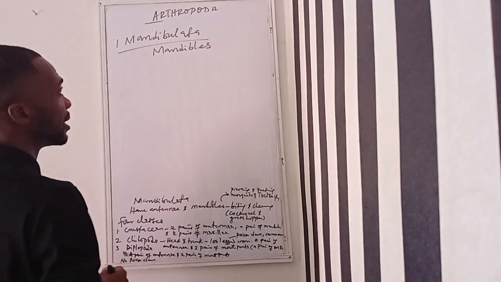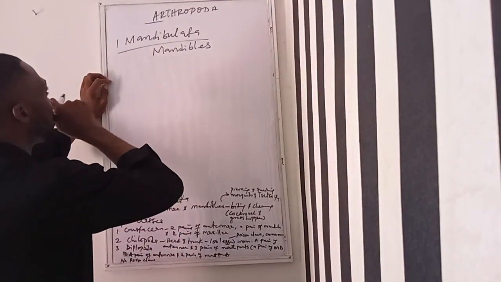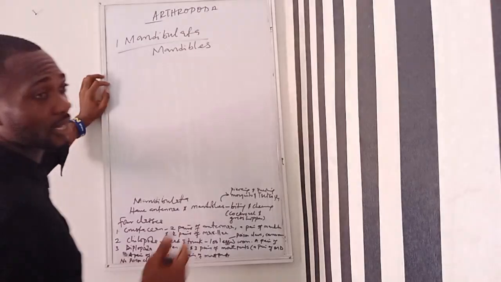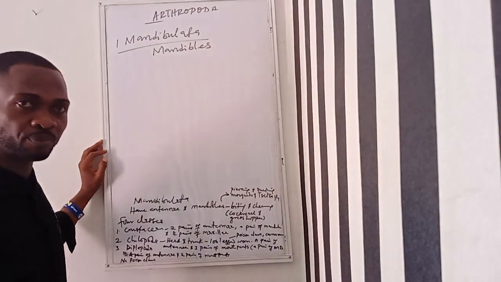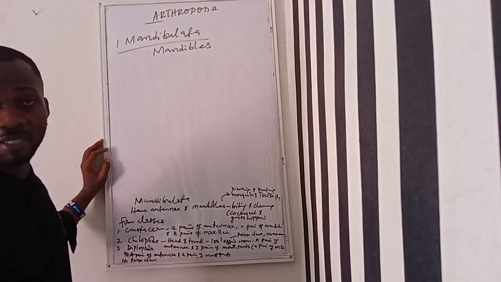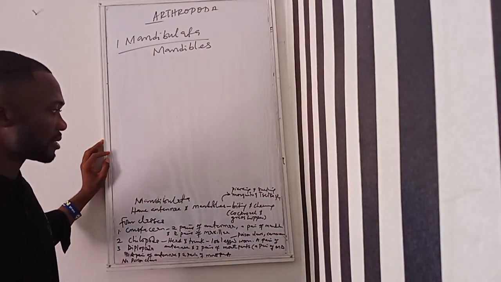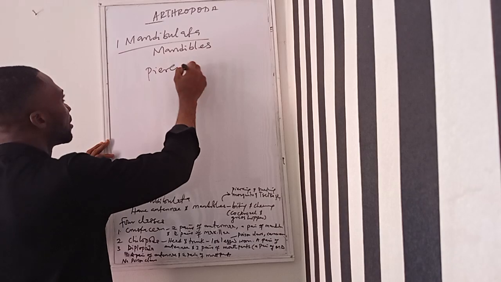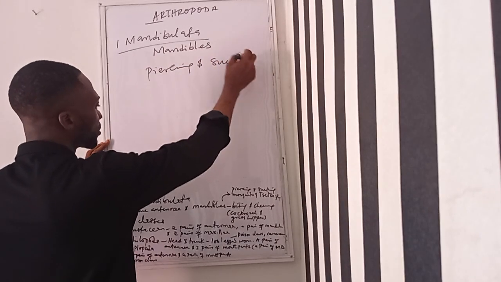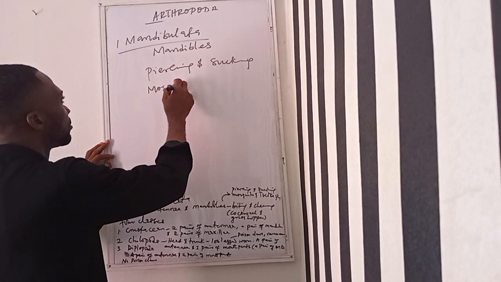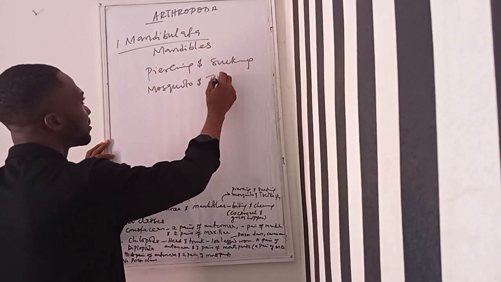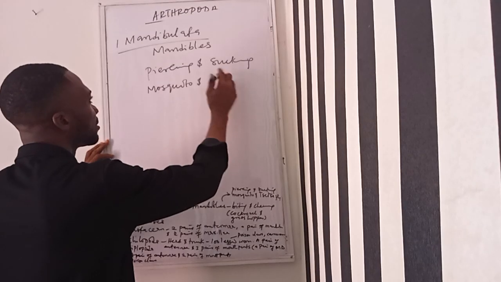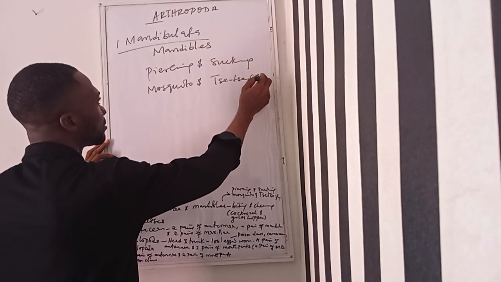The mandible is a mouth part, and this mouth part is used for piercing and sucking, as in mosquito and tsetse fly.